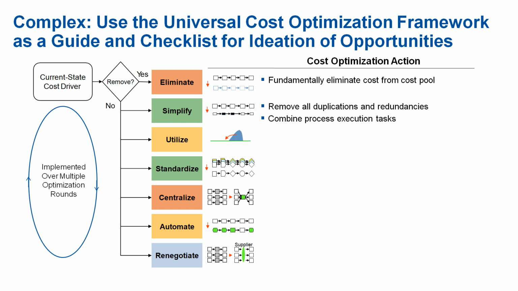So yes, if there is no elimination way, and if we have made the simplified process, then we need to look at the utilization. We need to look at how maximum the utilization is, whether my system can produce around 250 parts per day.